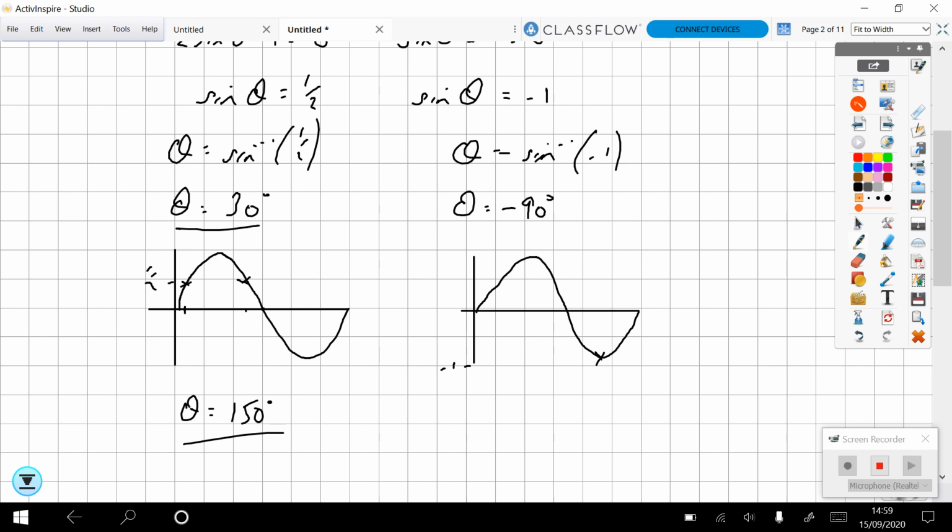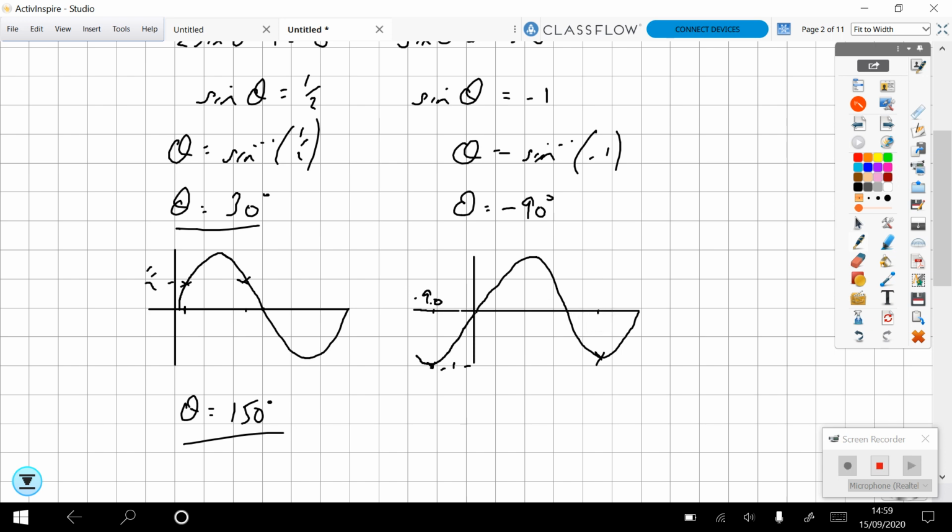We really need to think about what's happening over beyond the left-hand side of the graph. So, negative 90 is there. What the calculator has found for us is this point. But we want this point, which is exactly 1 wavelength further on.